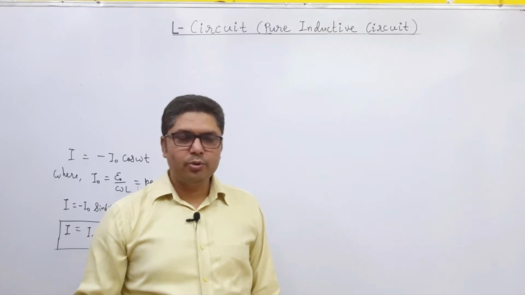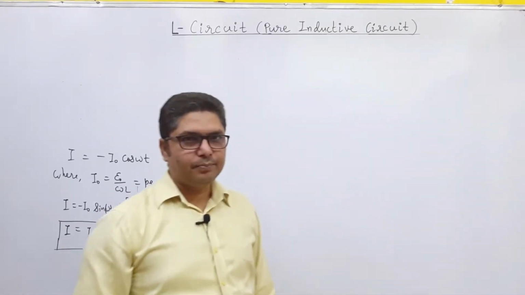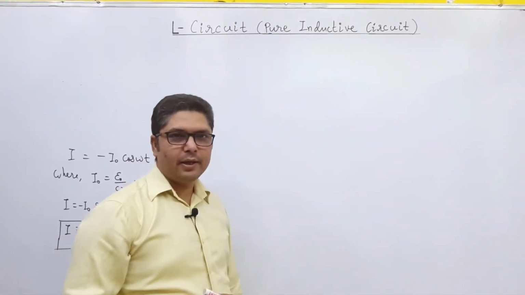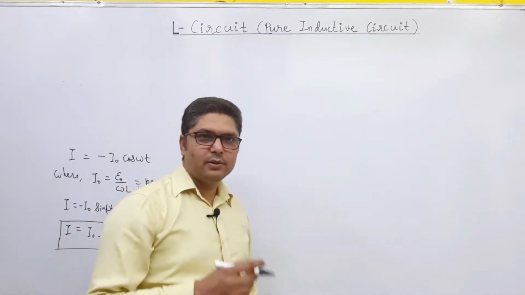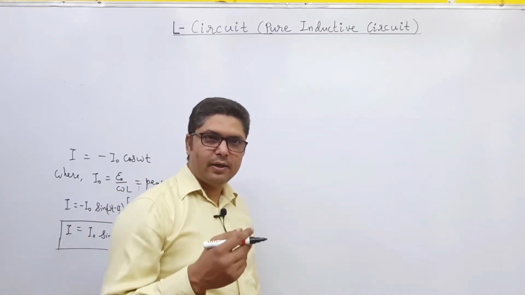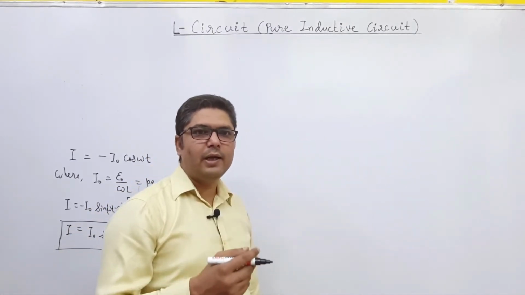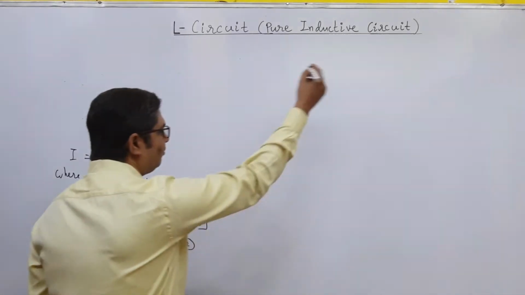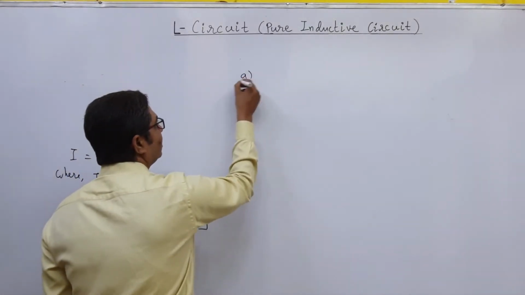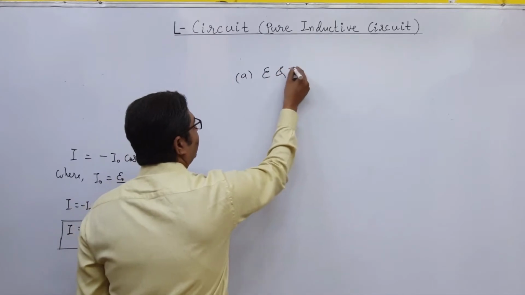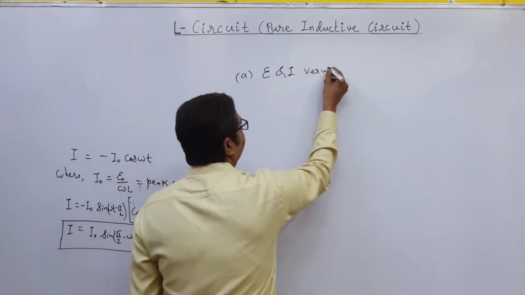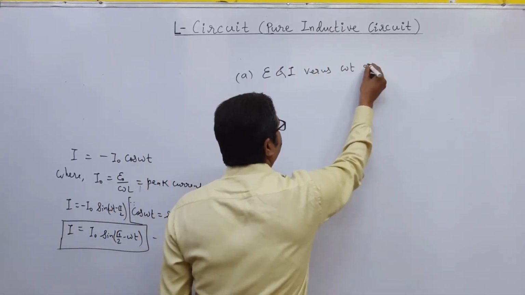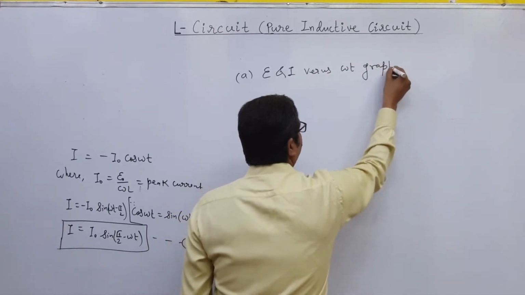First of all, you see the timing diagram. What is a timing diagram? A timing diagram is the EMF and current versus omega t graph. So number A is the E and I versus omega t graph.